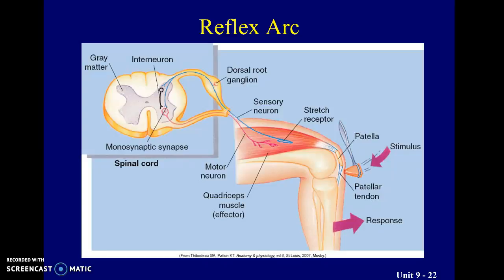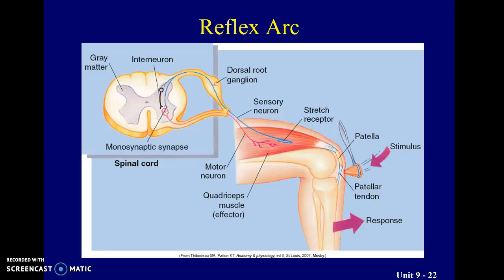This is an example of a couple of different types of synapses. You can have a monosynaptic reflex, in which there's direct interaction between two neurons, or you can have more than one synapse. Remember that the vast majority of neurons have multisynaptic inputs from a number of other types of cells.